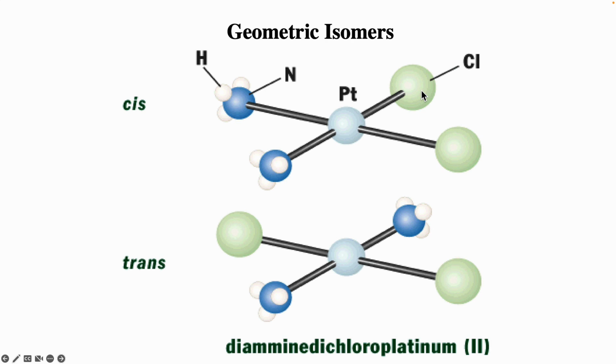And so for the one on top, the chlorines are on the same side and the ammonia groups are on the same side. The one on the bottom, the ammonia groups are across from each other, the chlorines are across from each other. And so they have the same set of atoms, same types of bonds, but the relative orientations of those bonds are different. Now it's kind of interesting. Cisplatin is actually an anti-cancer drug. Transplatin is not.